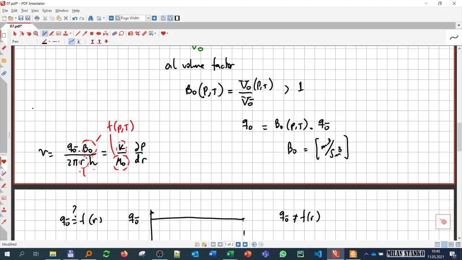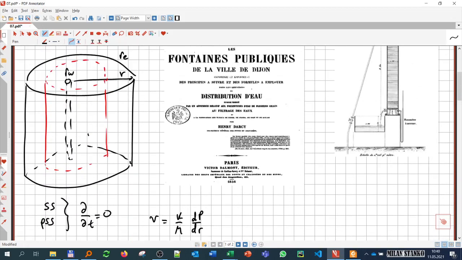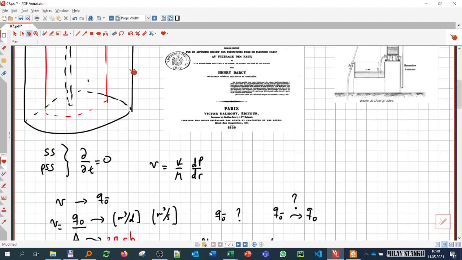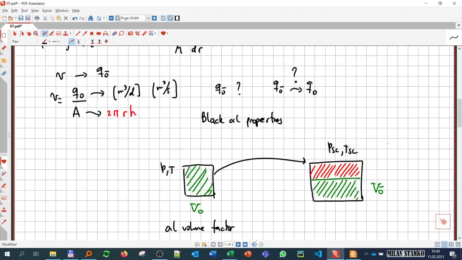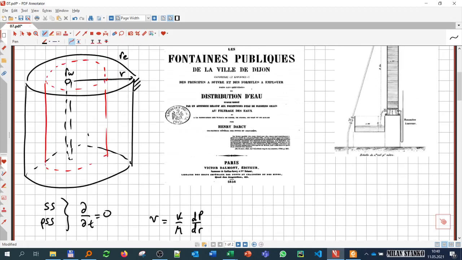Remember that QO at standard conditions is almost like a mass flow. So it's telling you that the mass flow at any radius is going to be the same. As a side note, this approximation is valid for steady state, because there I have some injection, some influx, that keeps the pressure constant at that boundary.